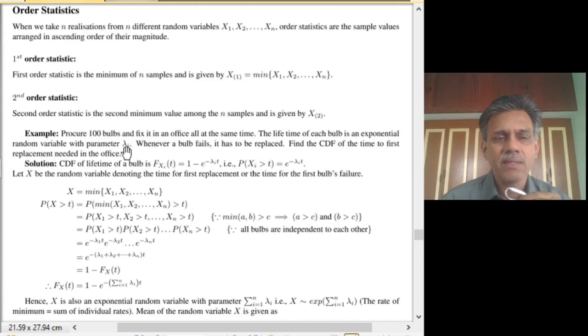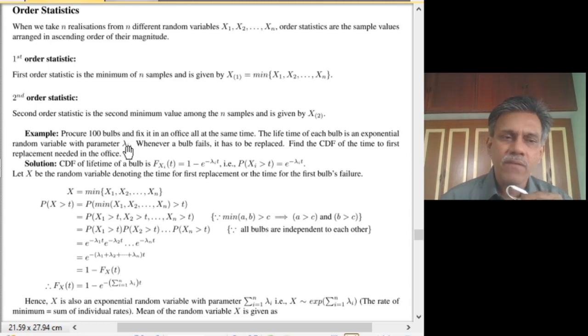So lambda i is the exponential parameter for the ith bulb, which means that the lifetime of the ith bulb, which we denote as xi, is given by lambda i e power of minus lambda i small x for x greater than or equal to 0.